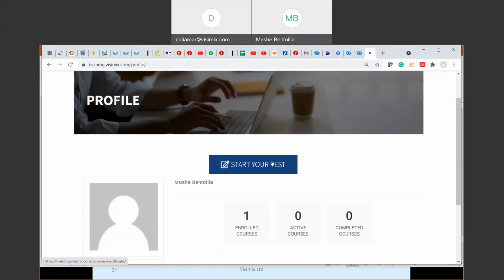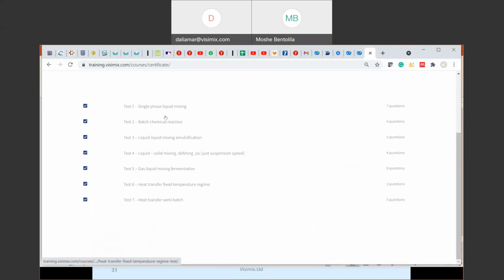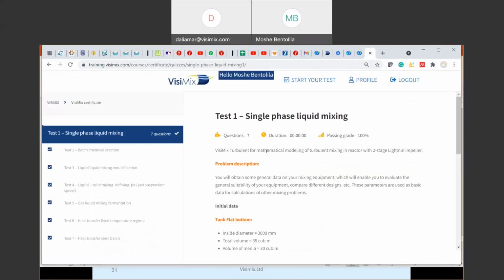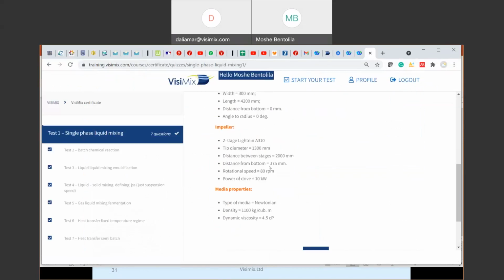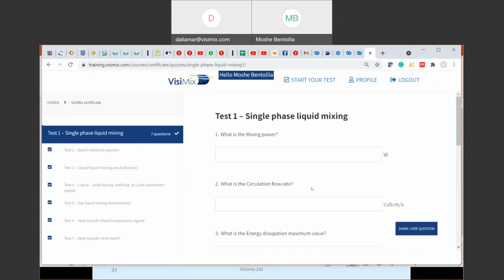And when you click start your test, it opens all the testing. Okay, when you click the question, you have here the statement. You need to generate your VisiMix file. And once you generate your file, this is the question. Question number 1.